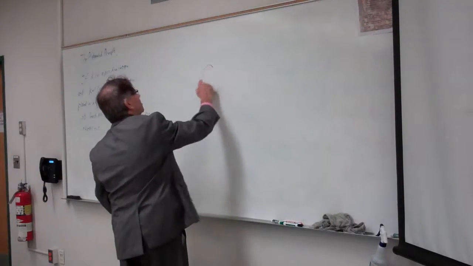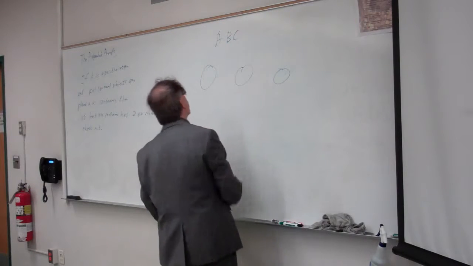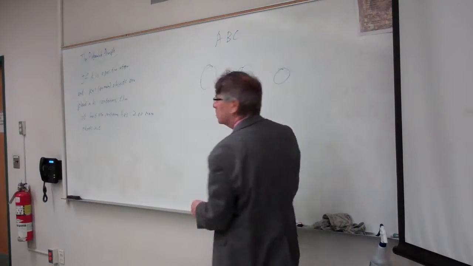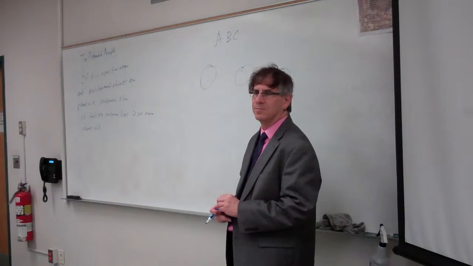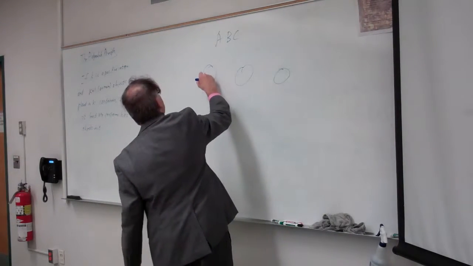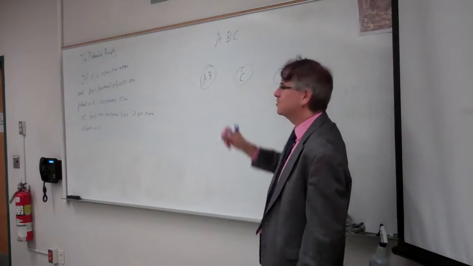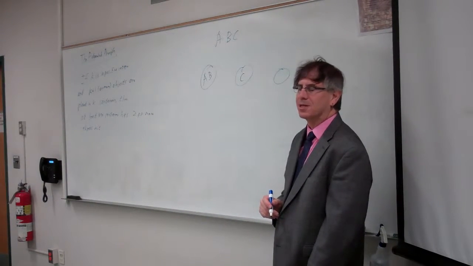So here's 3 boxes. Here's 3 letters. I can put 1 letter in each box. And when I'm done, each box has no more than 1 thing. I could also put my letters in boxes like that, and I've got 2 objects in that 1 box.